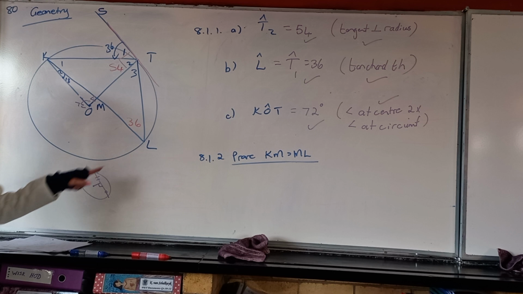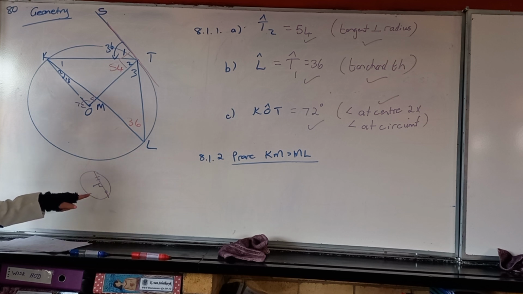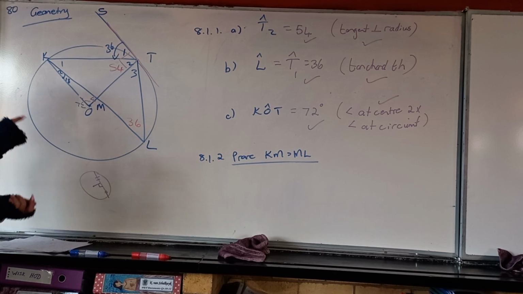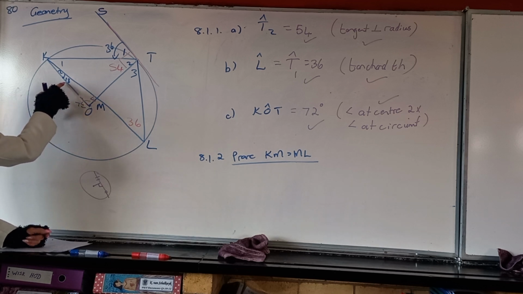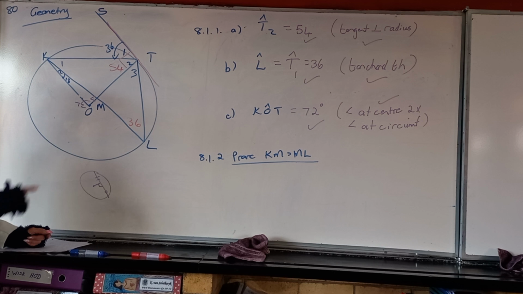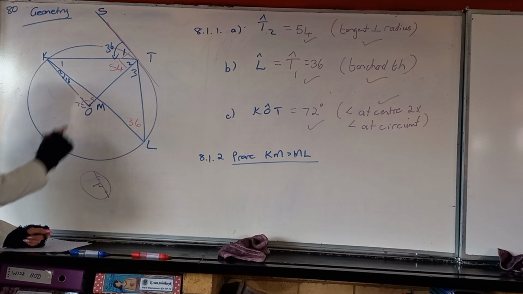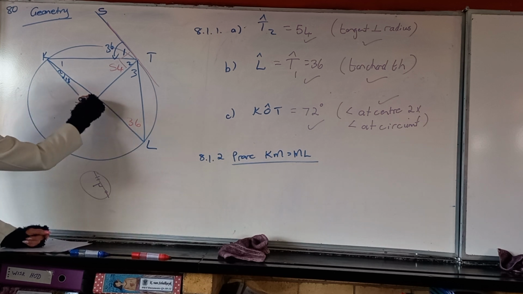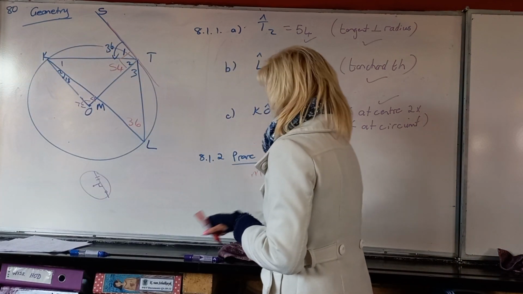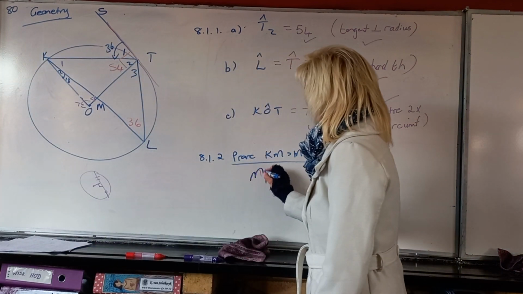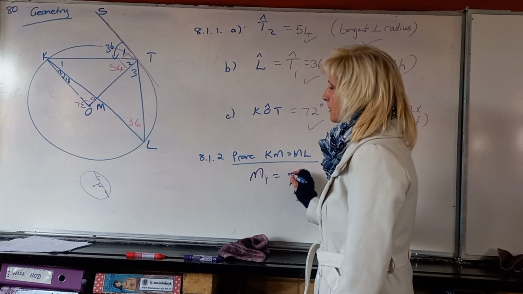If you want to prove something like that, it's got to be theorem 1. Either it's perpendicular and you can prove it's equal, or it's equal and you can prove perpendicular. But none of the two were given. Unless you went and worked out a few things like the 72, then you could find that 18 wasn't given for nothing. With that 18 and the 72, that angle M, let's call it M1, that angle M1 would be 90 degrees.